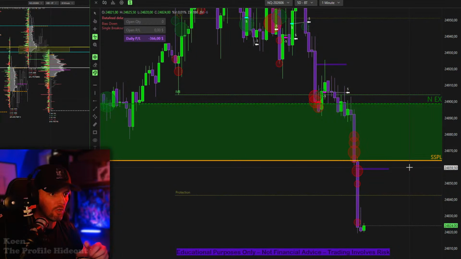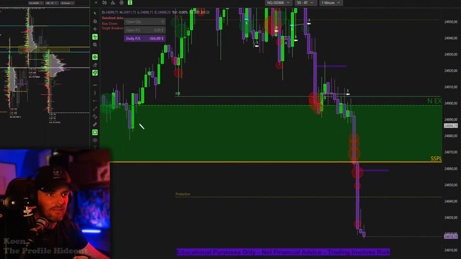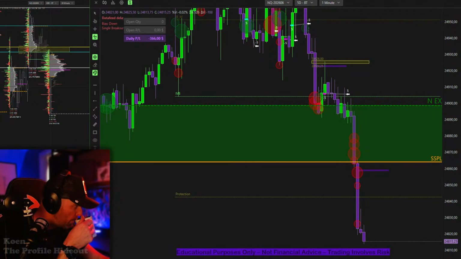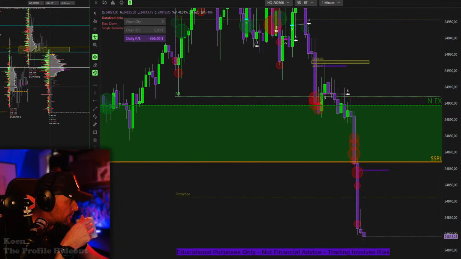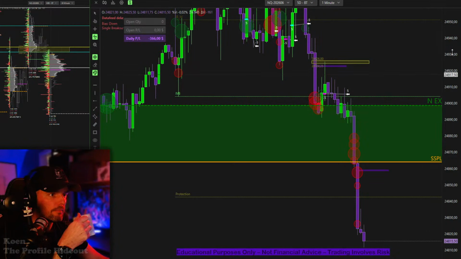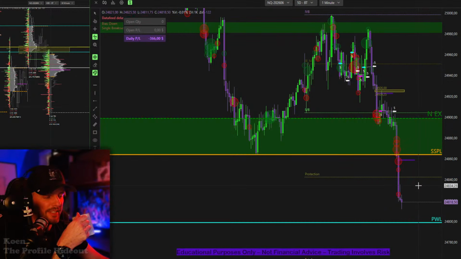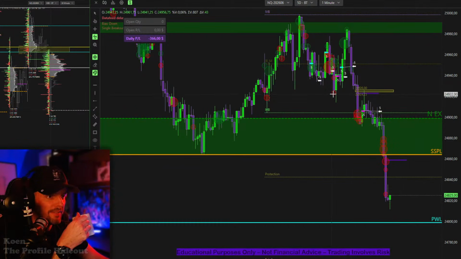Could have been slower. Should have been at least leaving my stop above that high. I mean, there's more movement than yesterday and the day before at this point. Man, what did I do?